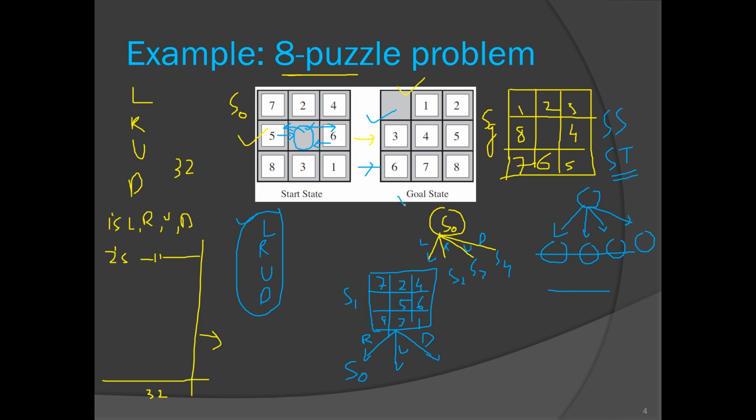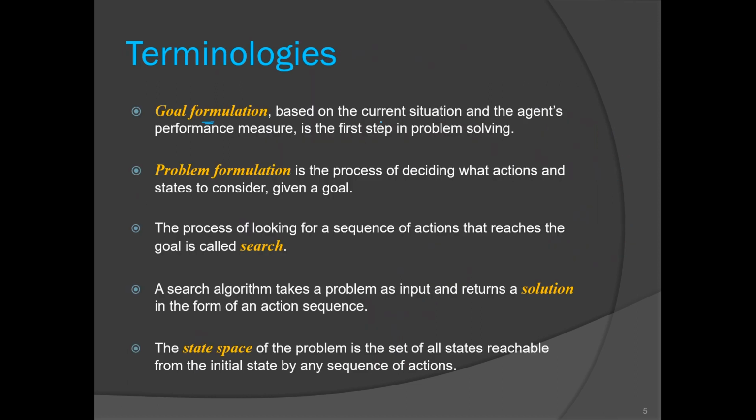I should get this goal state, but in a minimum number of moves. So goal formulation is the first step in problem solving. First you have to formulate the goal, because our agents are goal-based agents, right? So based on the current situation and the agent's performance measure, goal formulation is the first step in problem solving. So the first terminology to remember is goal formulation.